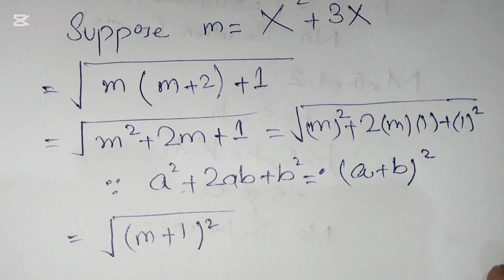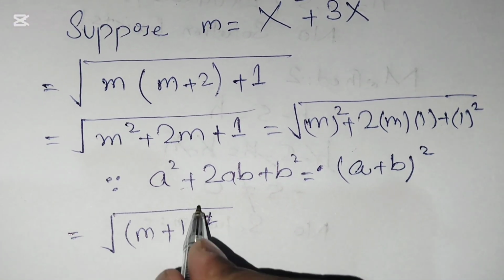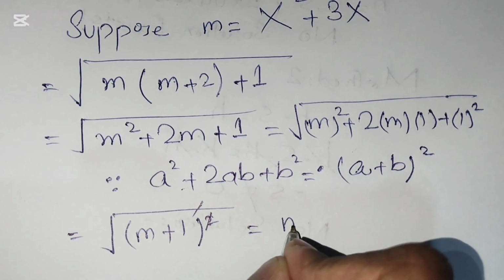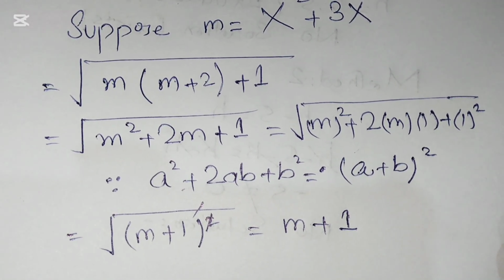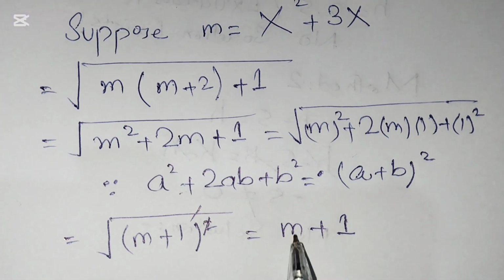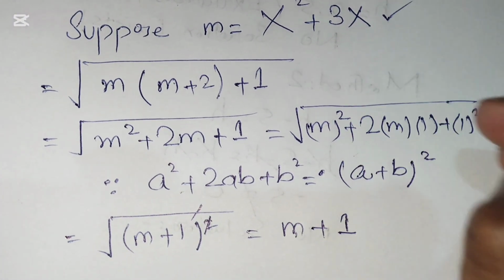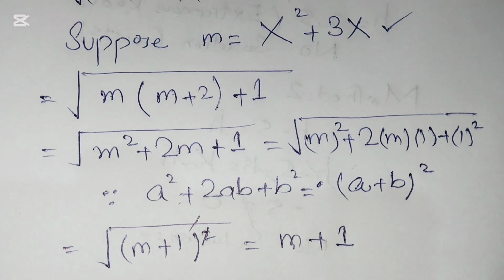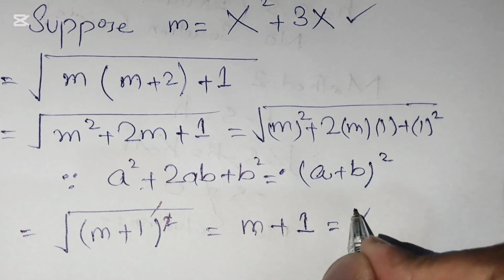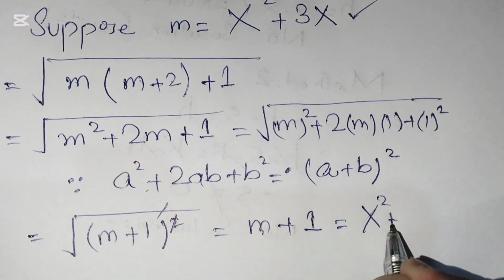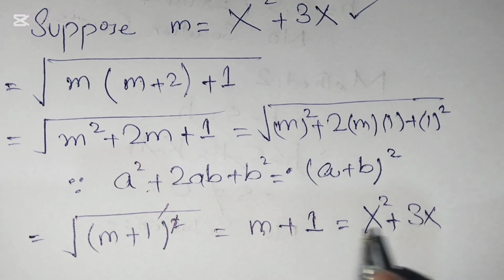This square cancels the square root, we get m plus 1. Now we have supposed that m is equal to x square plus 3x. So we replace m by x square plus 3x plus 1.